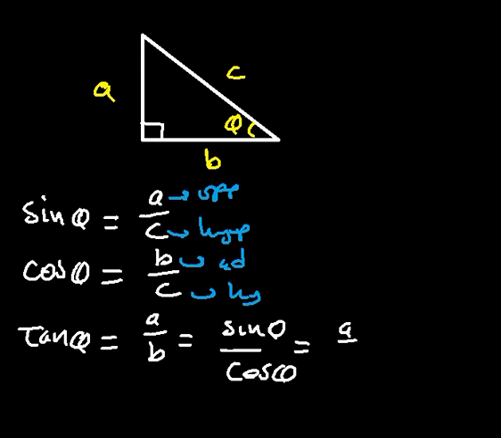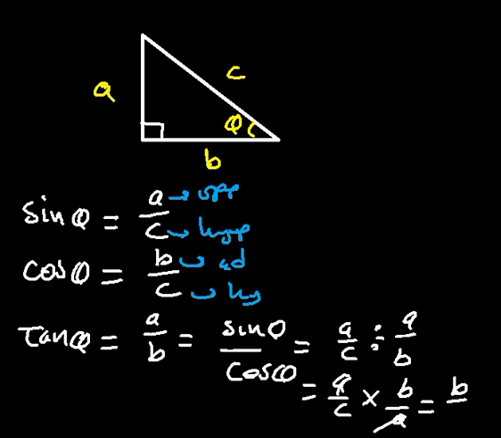We have it as A over C, divided by cos theta, which we have as A over B. Which is the same as A over C times B over A, and the A's will cancel. That is the same as B over C.